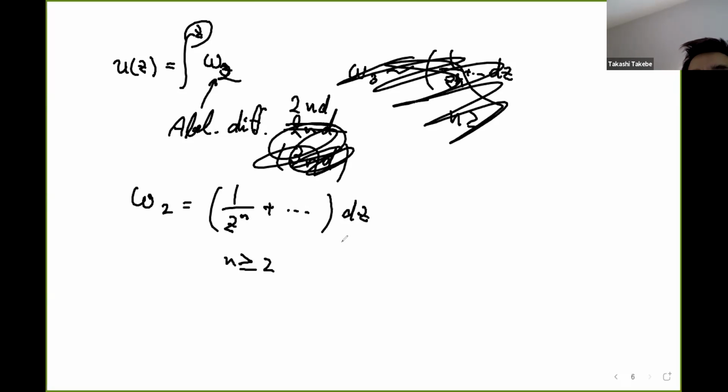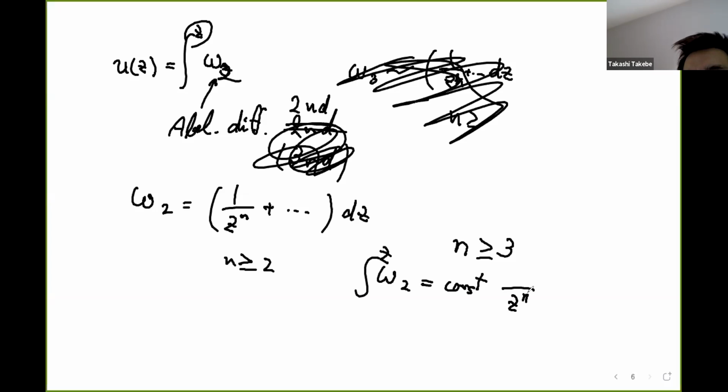For example, if n is larger than 3, this is very bad because the integral has such a double pole, triple pole, etc.